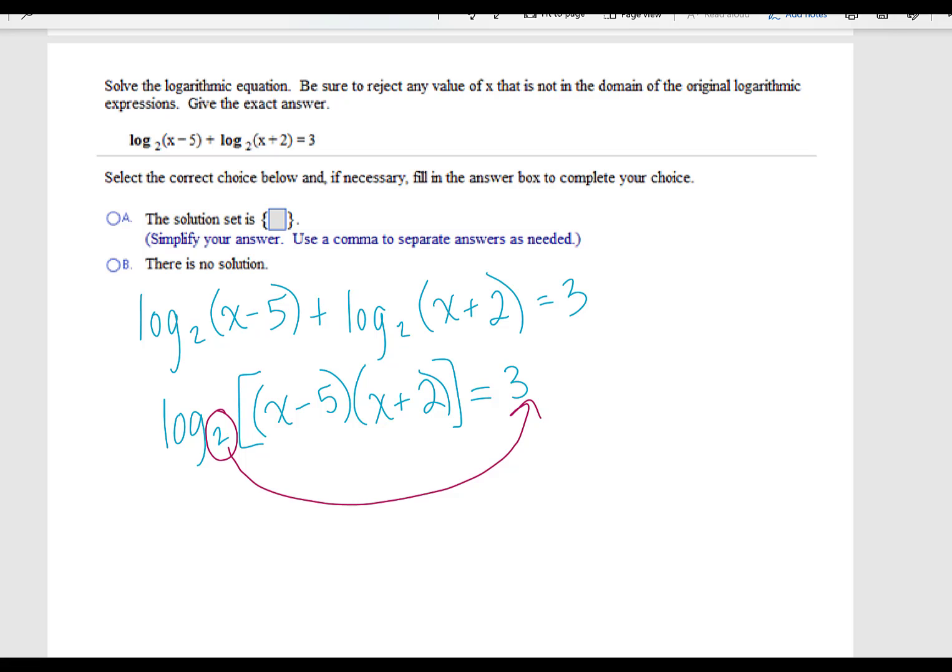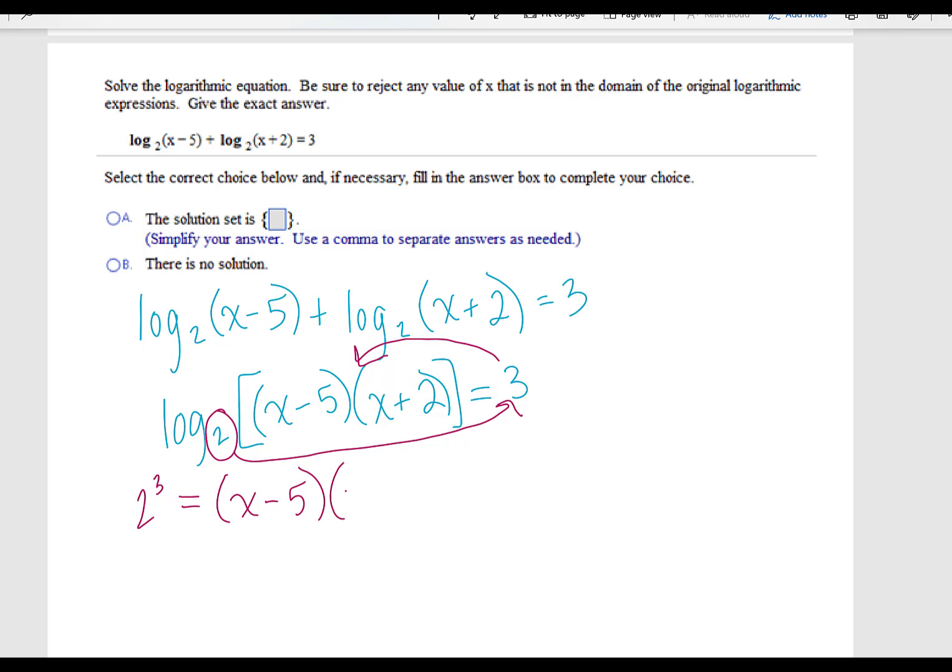So 2 raised to the 3rd power equals whatever value we're taking the log of. So 2 cubed equals x minus 5 times x plus 2.